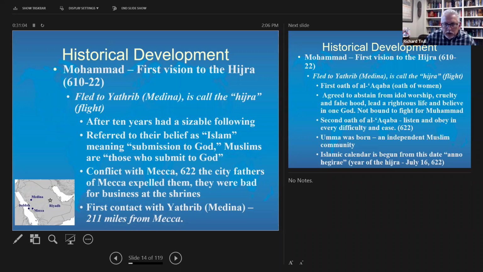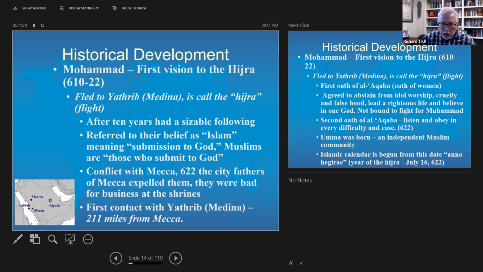So after 10 years, he did have a sizable following. At this point, they referred to their beliefs as Islam, meaning submission to God, and the word Muslims is referring to those who submit to God. And so that's the meaning of those terms.